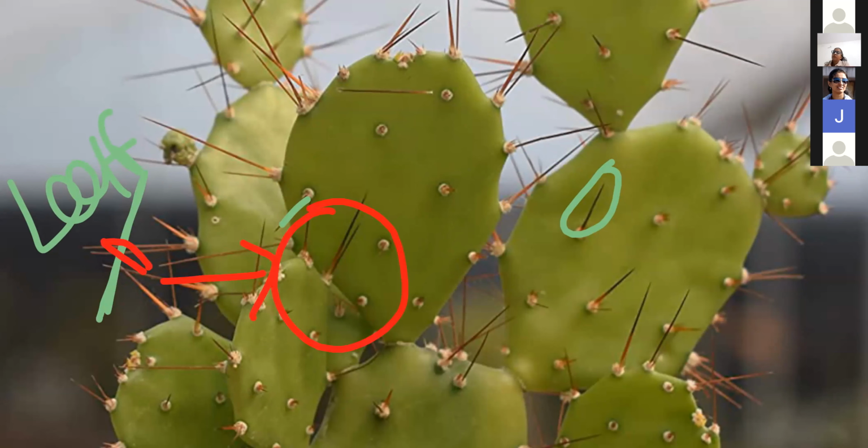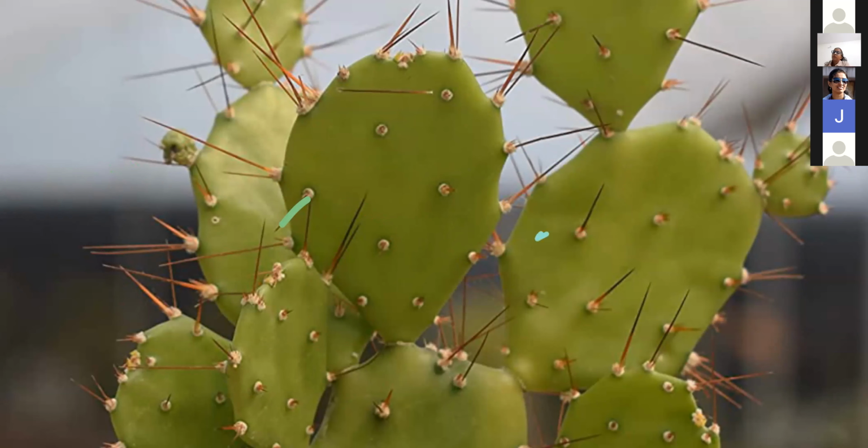That's why we can say these are all leaves modified into spines. The spine protects against animals, so it helps in defense. Commonly we call it cactus or cacti. Leaf modified into spine for protection. Example: cactus or opuntia.